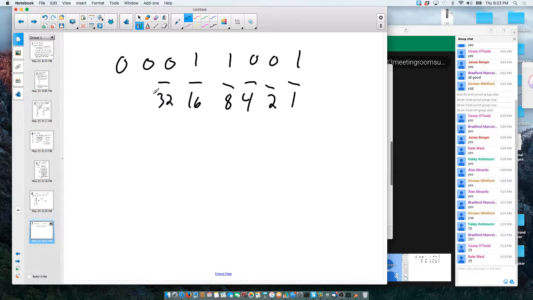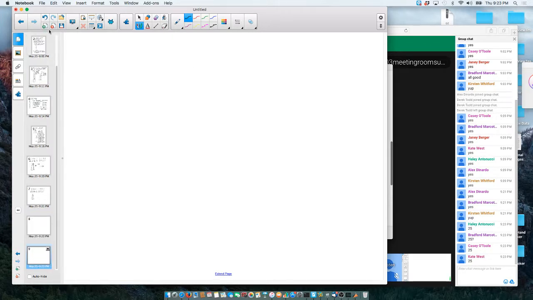That's 16 plus 8 plus 1, which adds up to 25, right? Anybody confused by what we're doing? Okay, the lab and the homework are going to be all about doing this kind of conversion stuff. So, that's binary to decimal.